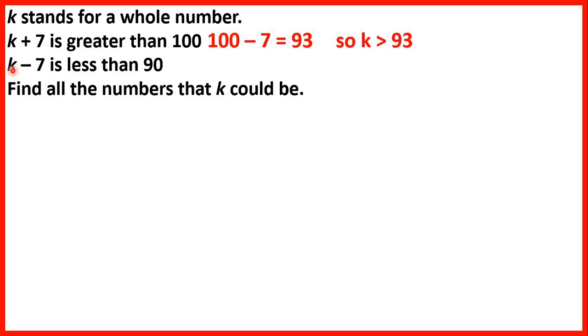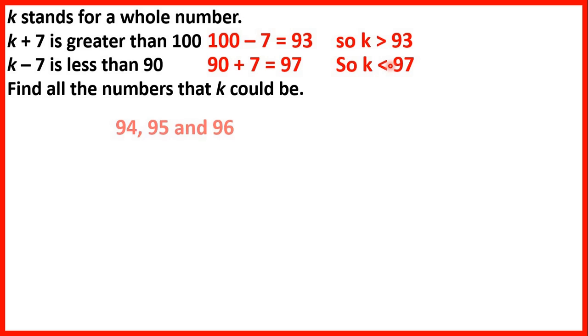We also know that K minus 7 is less than 90. 90 plus 7 is 97. So 97 minus 7 is 90. But we want K minus 7 to be less than 90. So that means we need to use a number that's less than 97. So we know that K has to be more than 93 and less than 97.